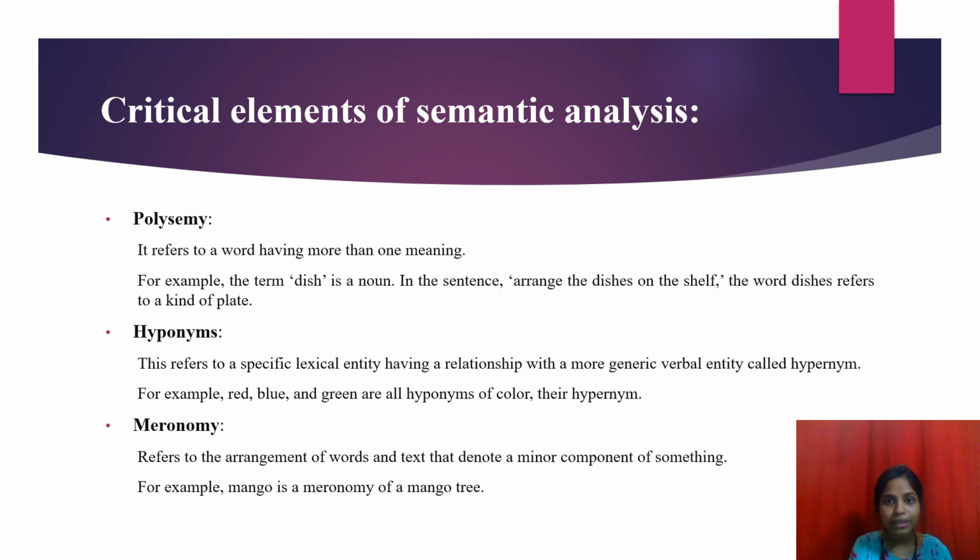The third element is meronymy. Think of this as talking about the smaller parts of something. For instance, mango is a part of a mango tree. So, mango is a meronym of the tree.